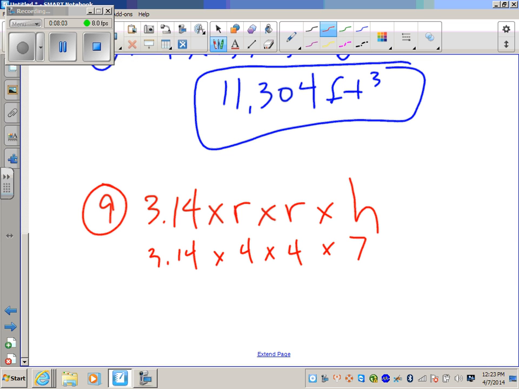Can you do any of this in your head? You could. 16 if you wanted. What are we going to get? 352? Was there a point, anything or other? Well, no, it was 351.68, and then rounded. Awesome. So 352. And the label?